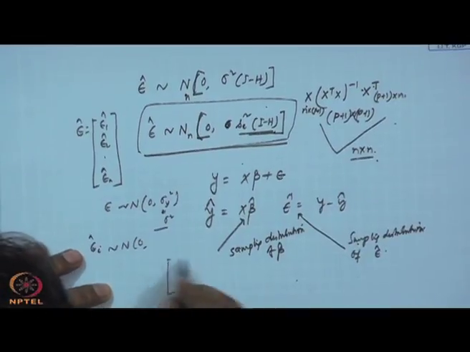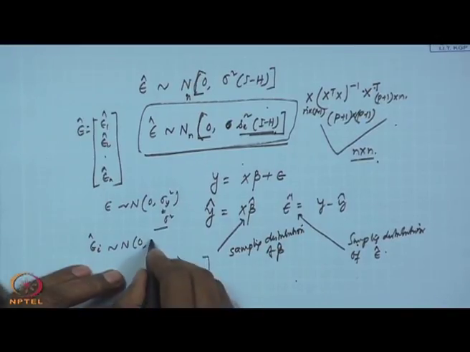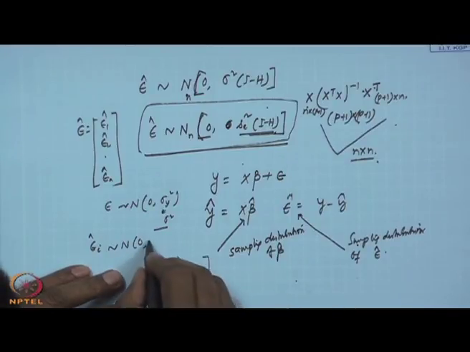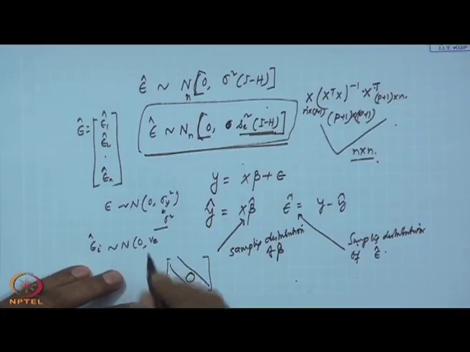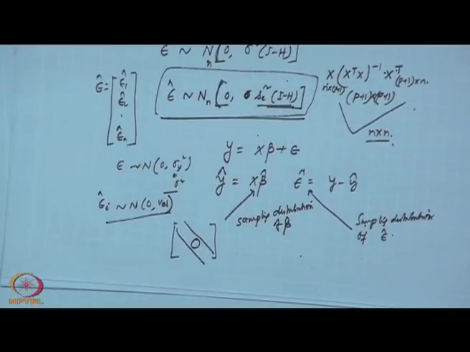So, you will have an n cross n matrix. So, for the ith term, I can write the variance of epsilon i cap, that is the term I am writing here.